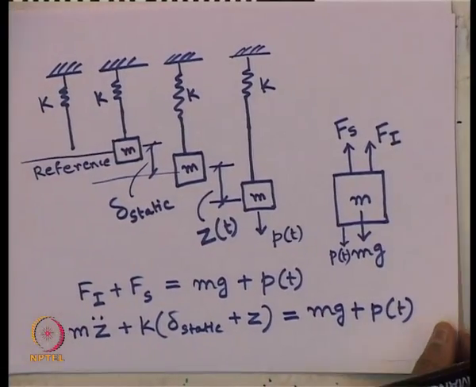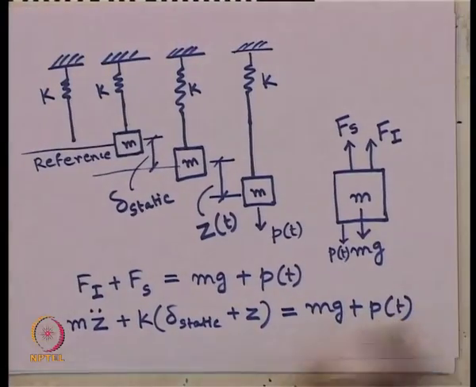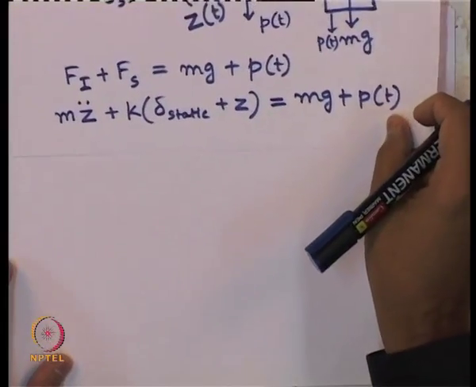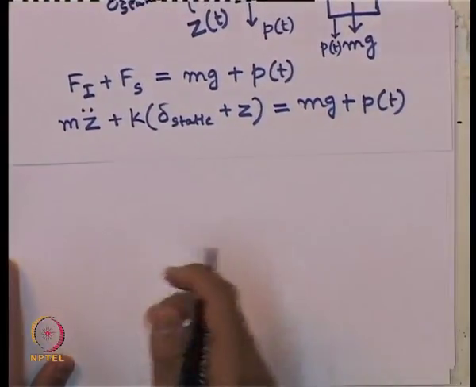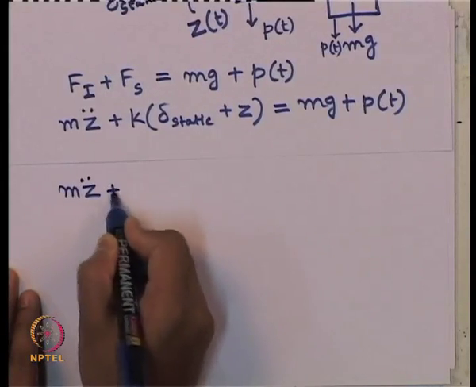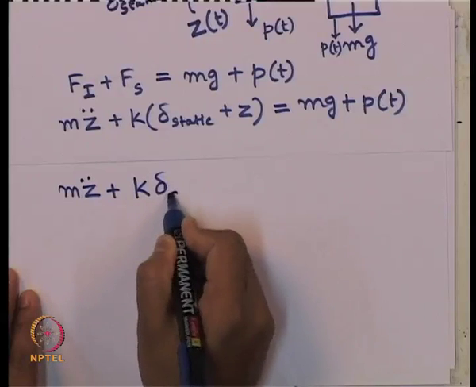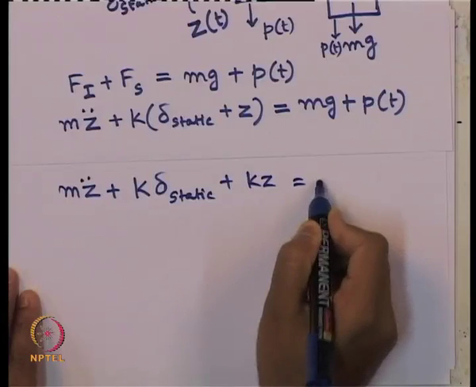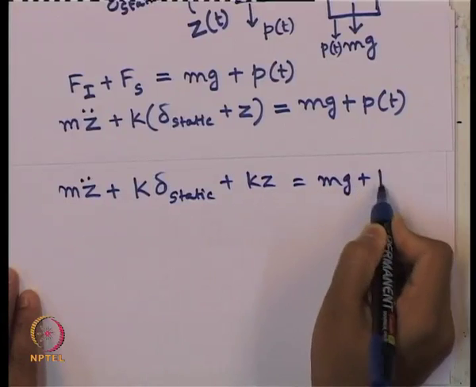Here note, we have not considered the damper. If we had taken the damper, the damper force also would have been added here. So, what we can continue from here: m z double dot plus k delta static plus k z equals mg plus P of t.